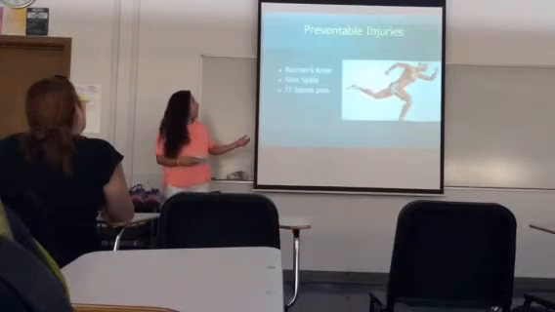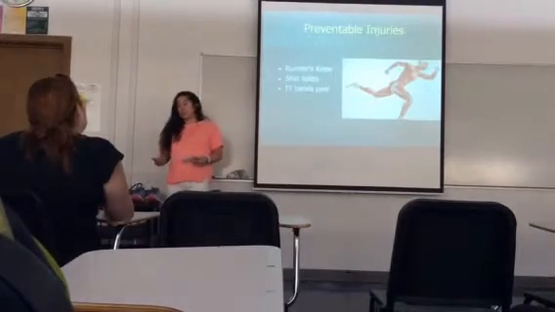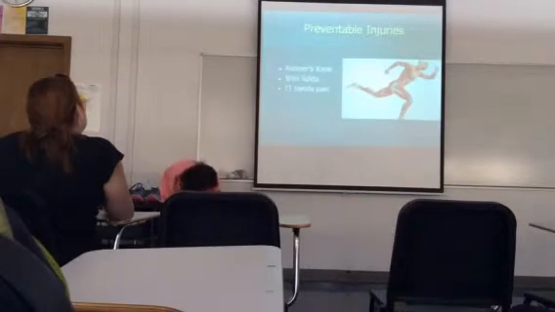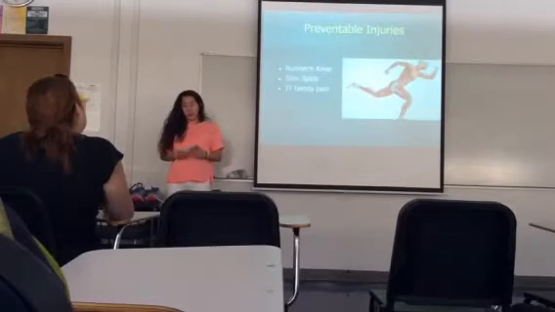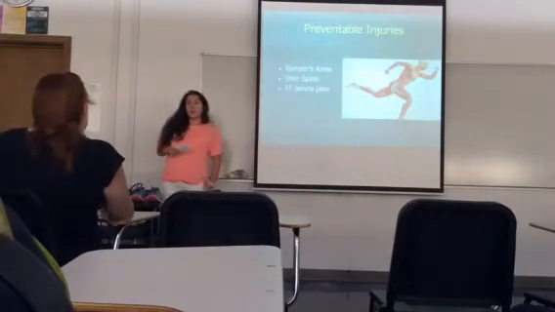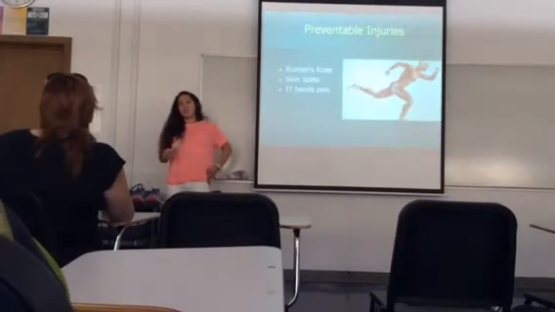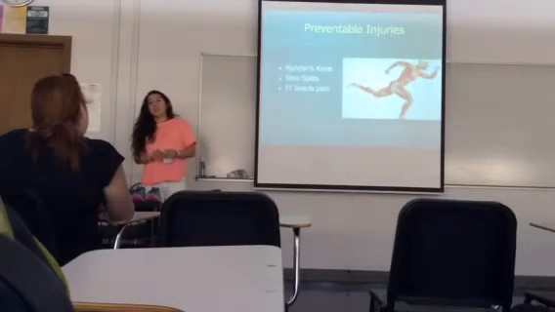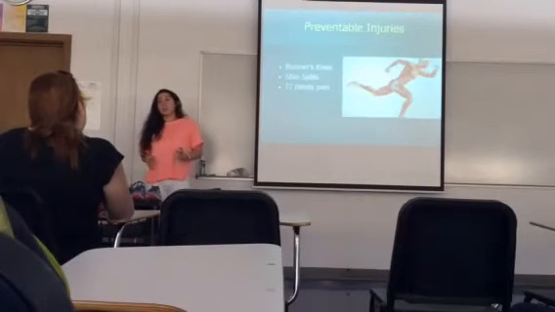Shin splints are caused by worn running shoes as well, and it's an inflammation of your shin and the outside of your leg that leads to your foot. It's very uncomfortable. And the IT band injury is outside of your hip, caused by uneven running shoes and also worn out shoes. All these can be prevented if you take the precaution of replacing your running shoes.